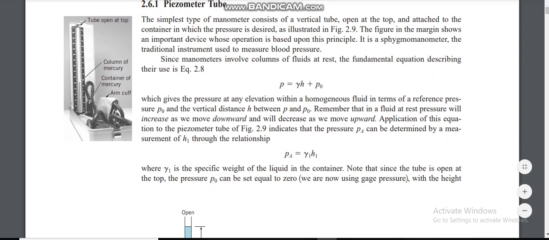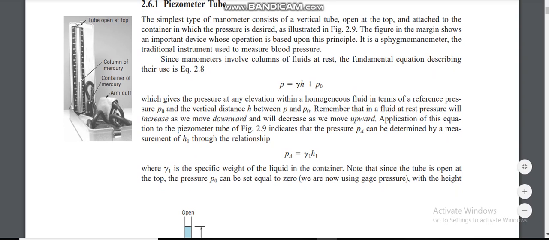This statement gives the pressure at any elevation within the homogeneous fluid, meaning the fluid must be the same in which we are measuring the pressure. In terms of reference pressure, P0, and the vertical distance h between P and P0, we can find the actual pressure.